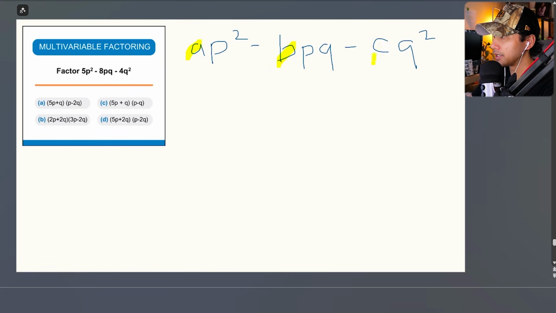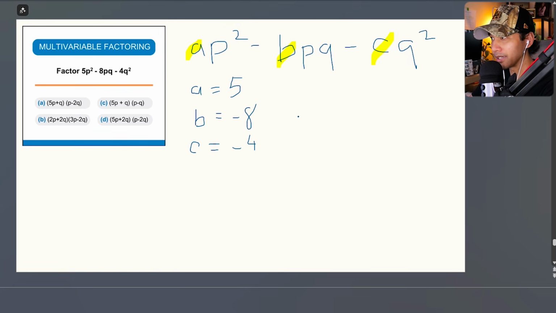A, B, and C, we have to identify A, B, and C, okay? That's the reason for this equation. So, A equals 5, B equals -8, C equals -4.